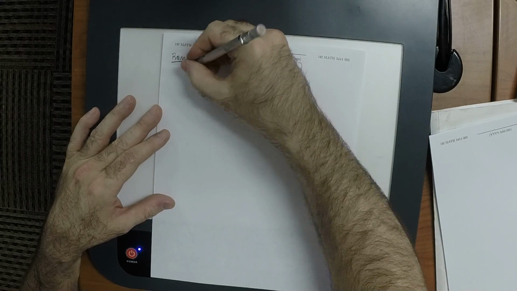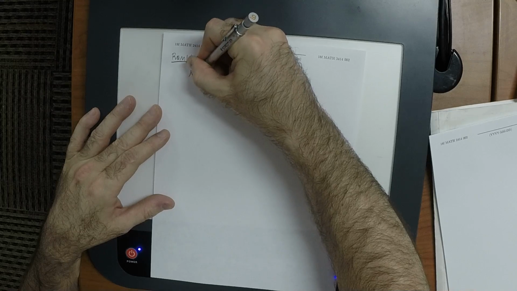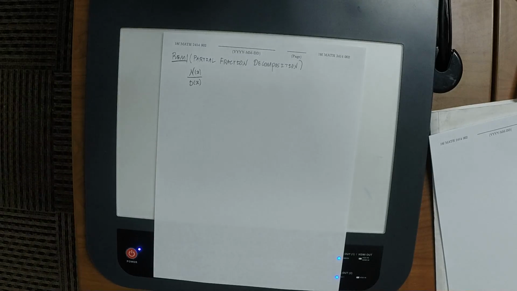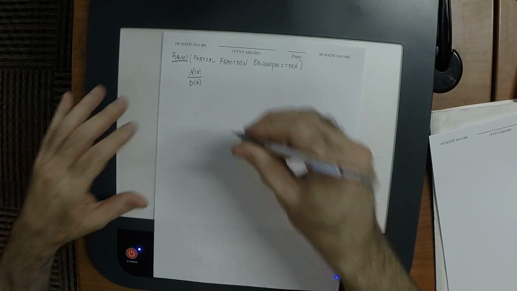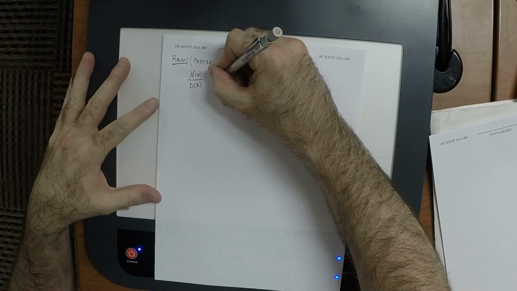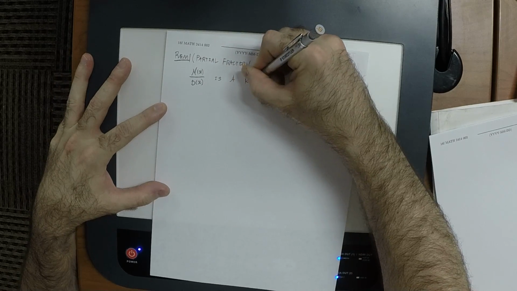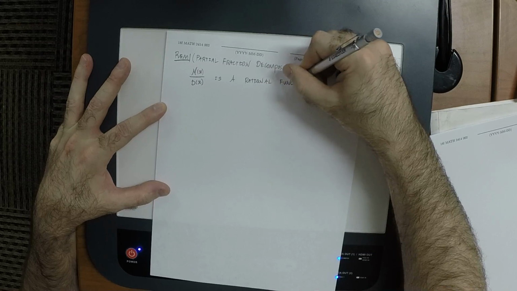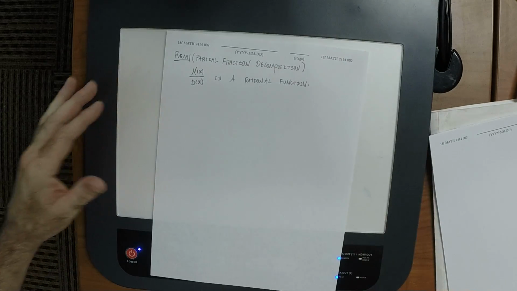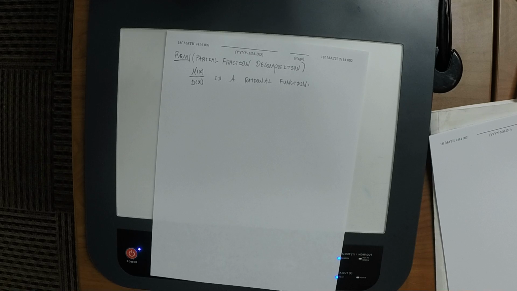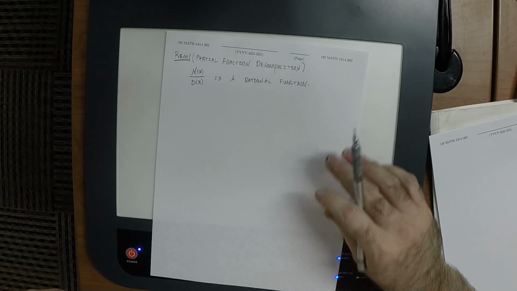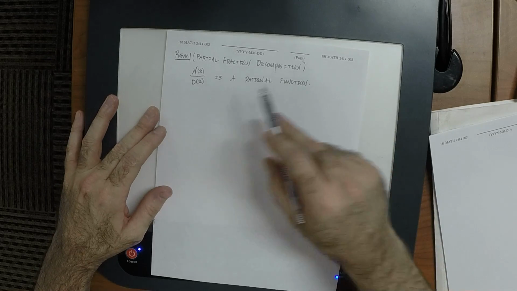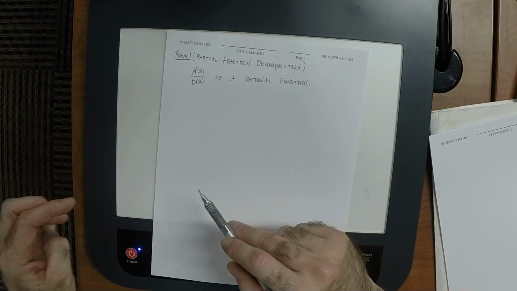you want to take something that looks like this: n of x over d of x. And you want this to be a rational function. In particular, that means that the numerator is a polynomial and the denominator is a polynomial. So we're not talking about square roots and sines and cosines.